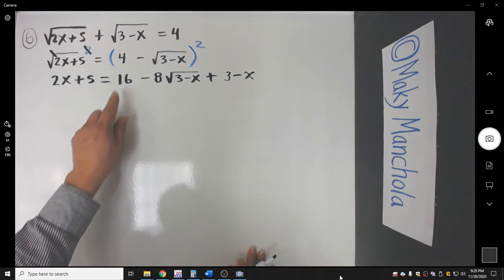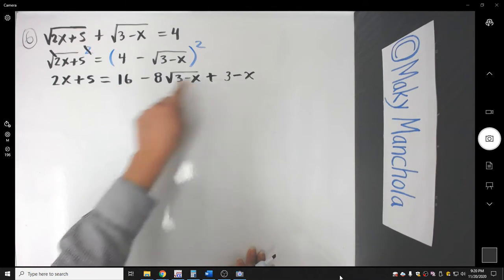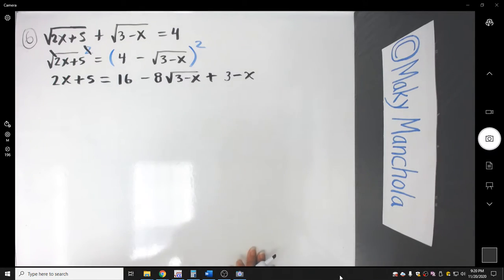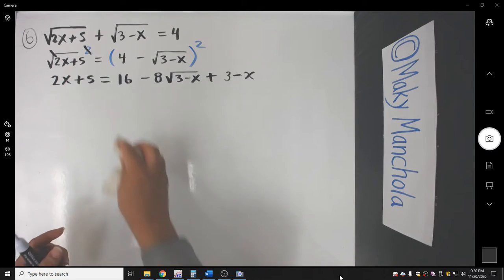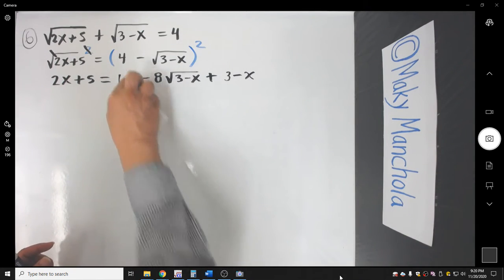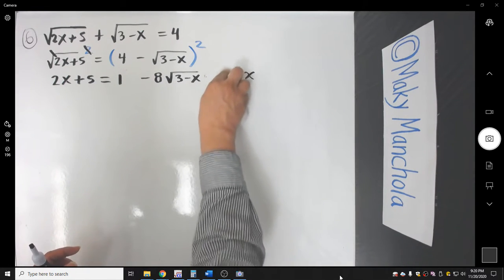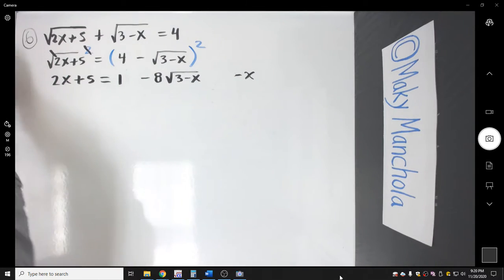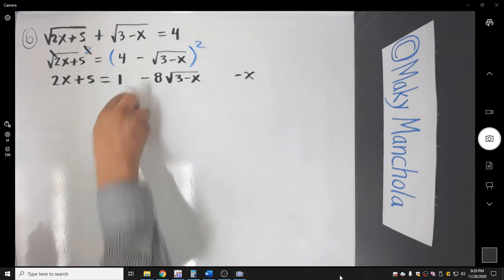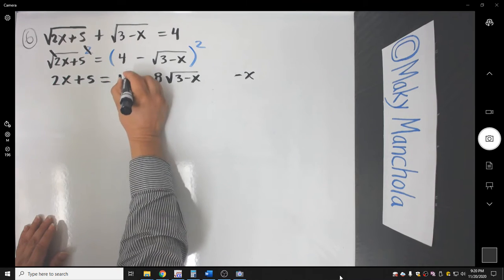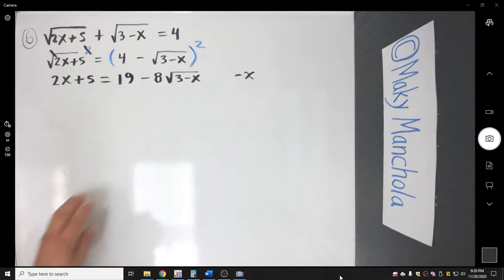If there are some like terms to combine here, 16 and 3 is 19, so let's do that. Just write 19. Since we still have a radical, we need to isolate it to get rid of it.